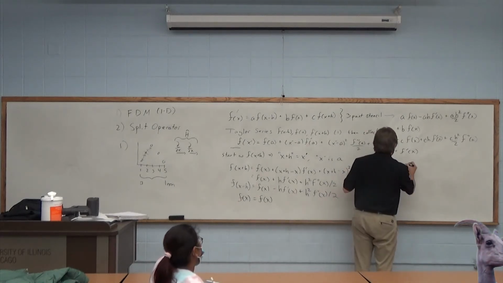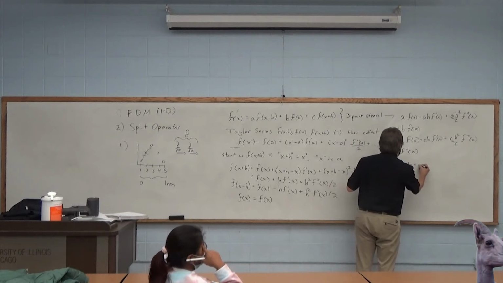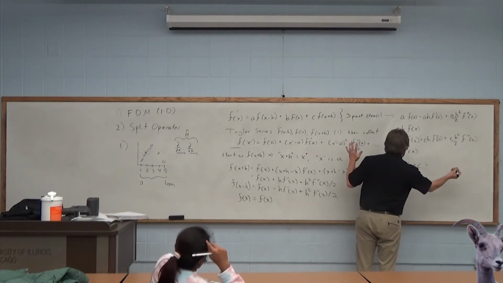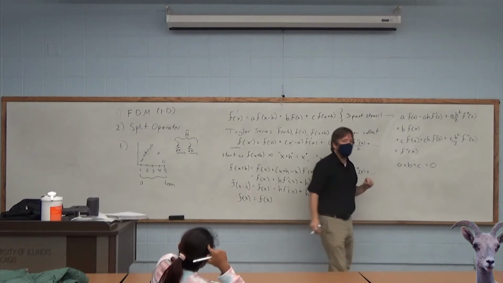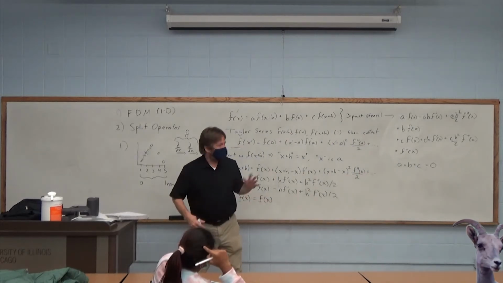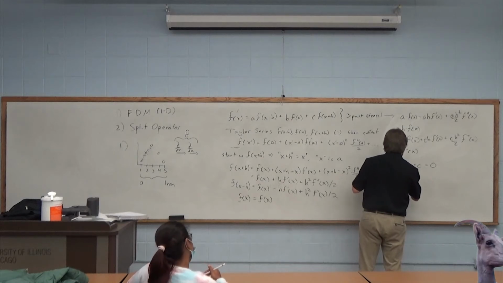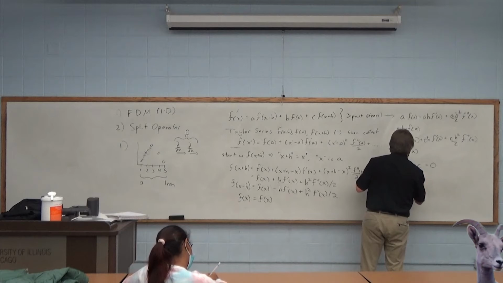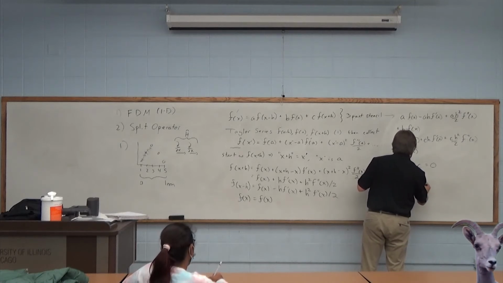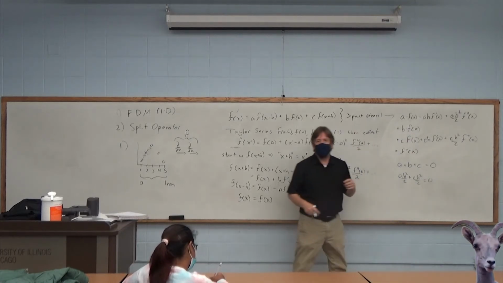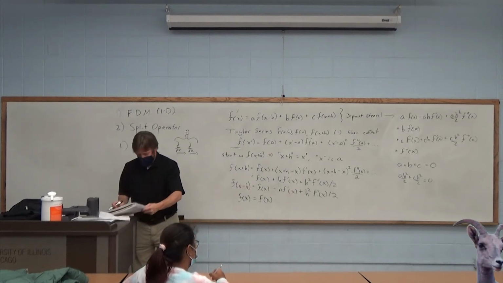What if a plus b plus c is equal to, guess what? Zero. Let's get rid of it. Yeah, real easy. Ah squared plus ch squared over 2 equal to 0.